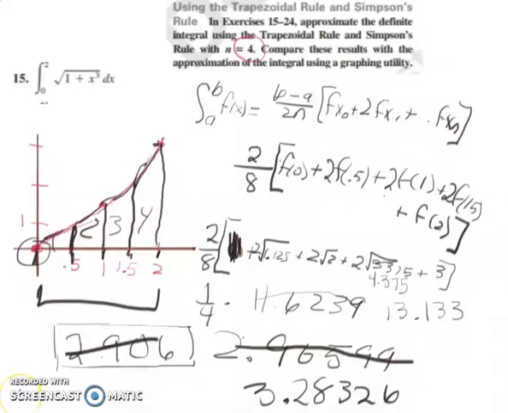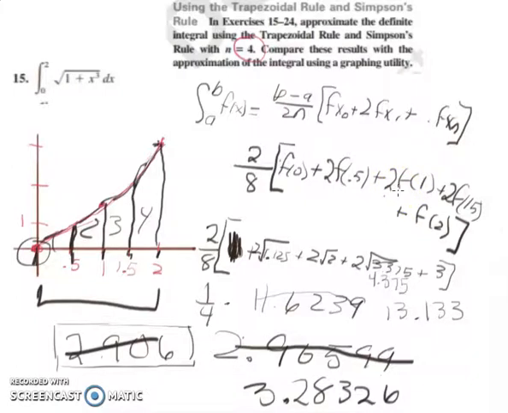A little correction, I had done some mistakes with my basic math. So f of 0 would be 1 plus 0, so that should be a 1. And this guy over here, 2 f of 1, f of 1 is radical 2.